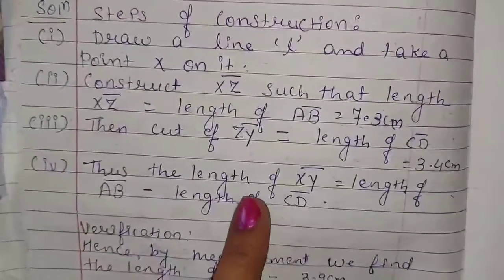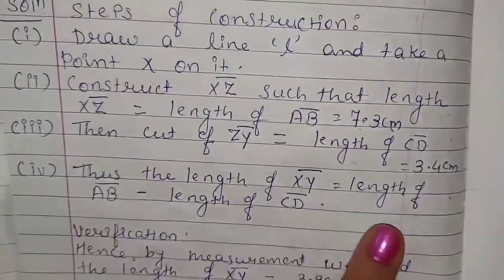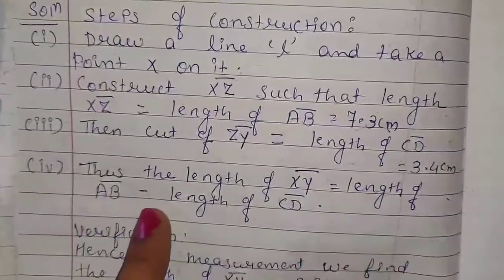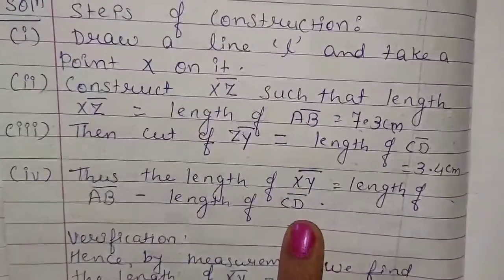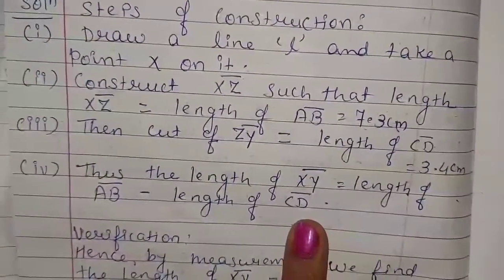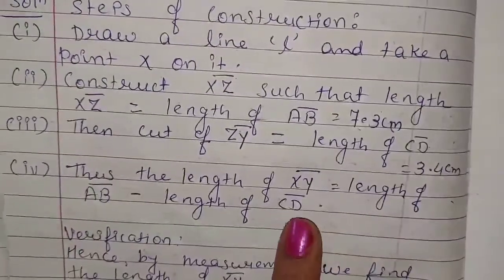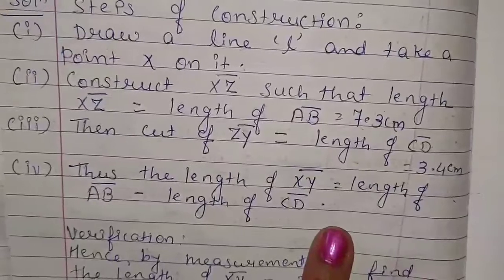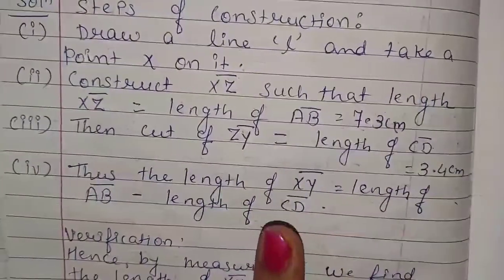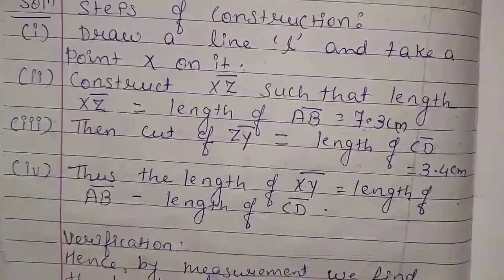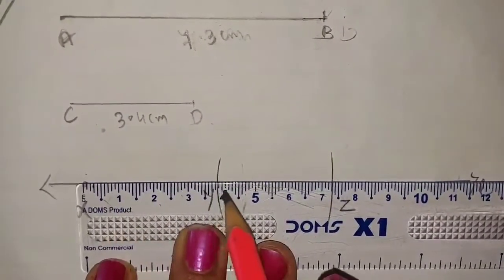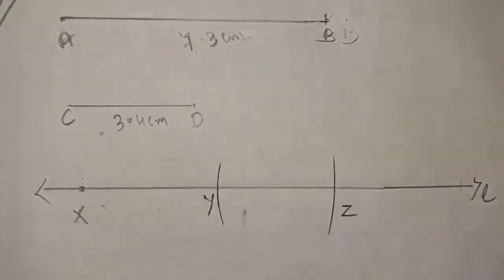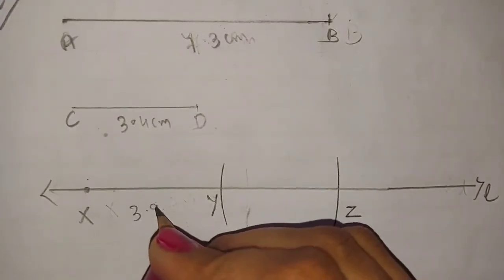Number 4. Thus the length of line segment XY equals the length of line segment AB minus the length of line segment CD. Now let us measure this length of XY with the scale and find out the measurement of XY. We will get 7.3 minus 3.4. Hence students, we have measured the length of XY, and that is 3.9 centimeter.